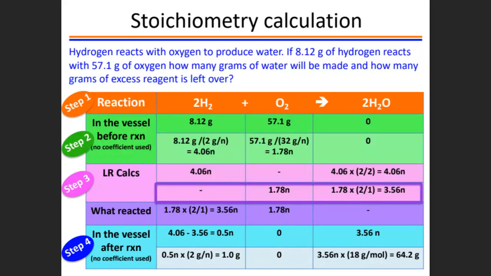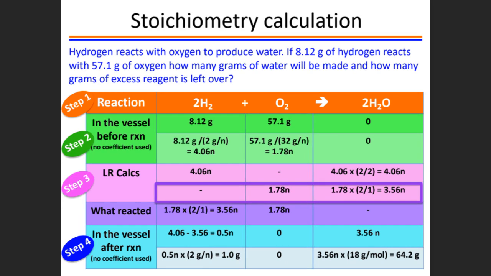And we can also calculate the amount. So in the reaction vessel, whatever we have before the reaction is this amount. Is this amount correct? Yeah, now this one is okay.